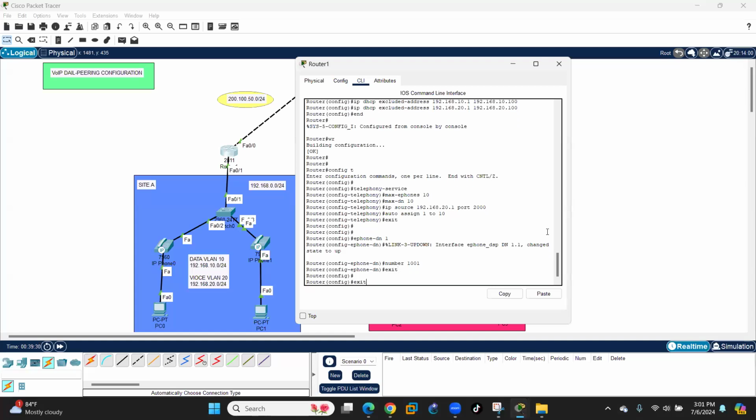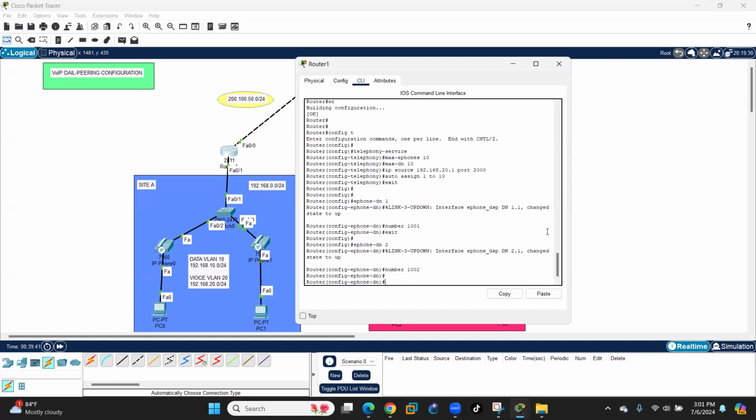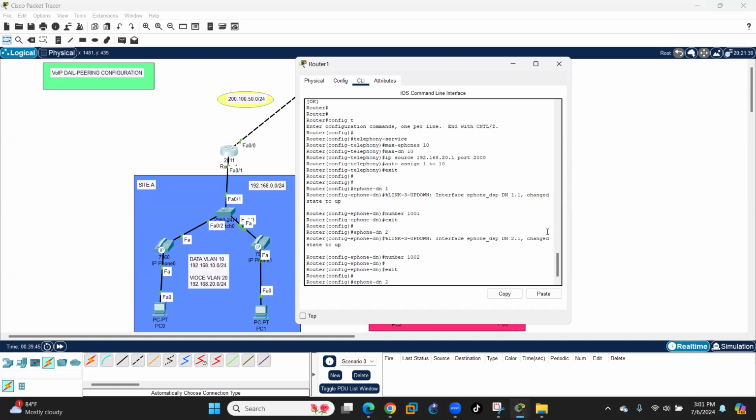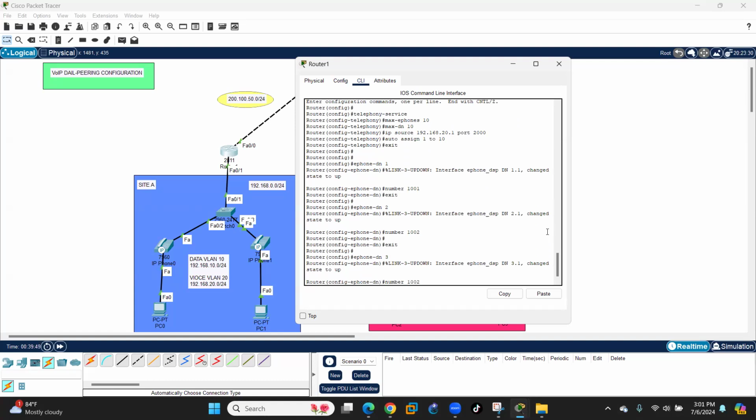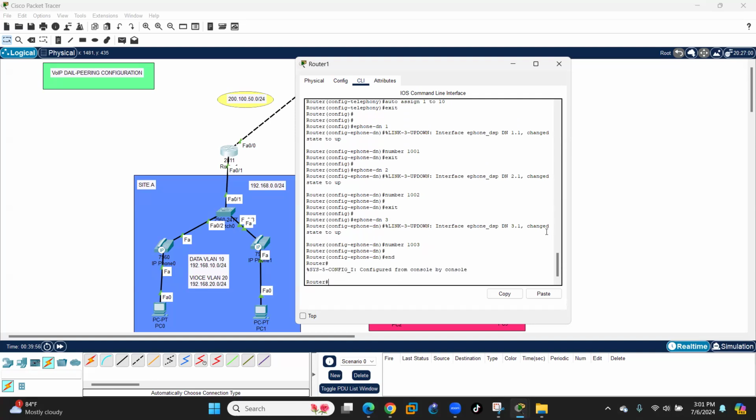Exit. Ephone 2, number maybe 102, let it be sequential. Let me add one more, although we only have 2 here. Ephone 3, 103. Let's stop like that. And WR.